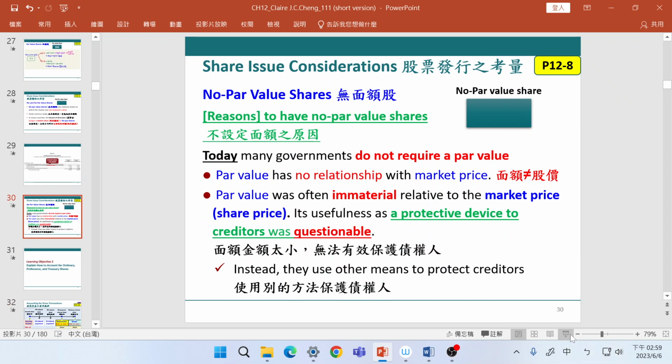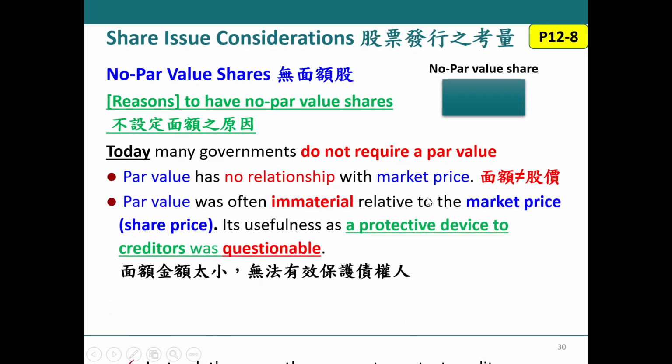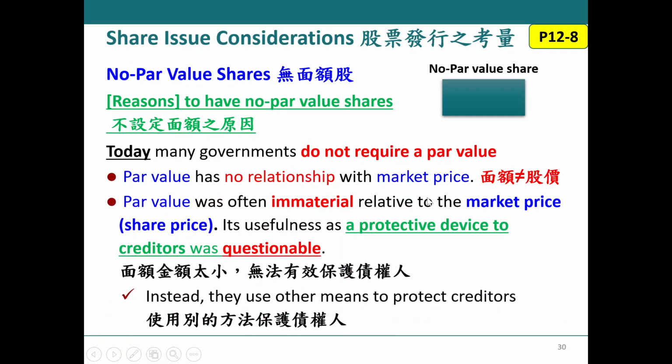That's right. More countries, more companies prefer no par value shares. They give up par value because they try to use other methods to protect creditors.